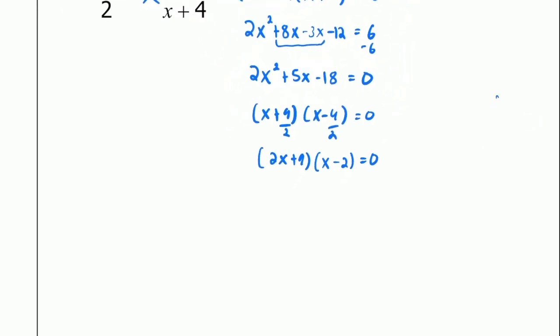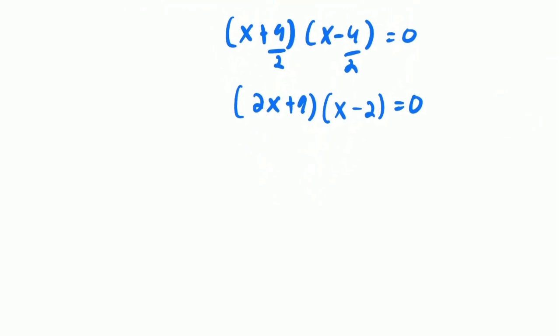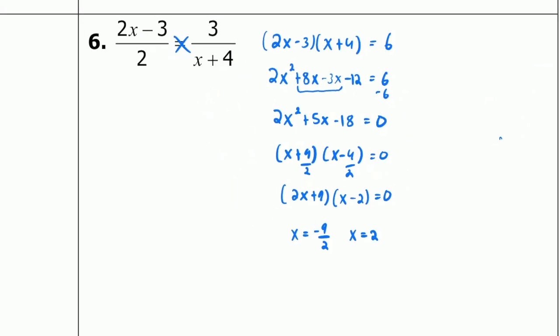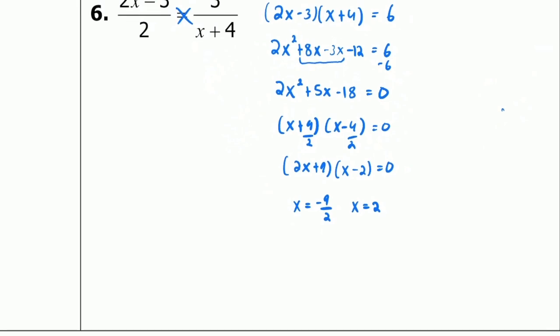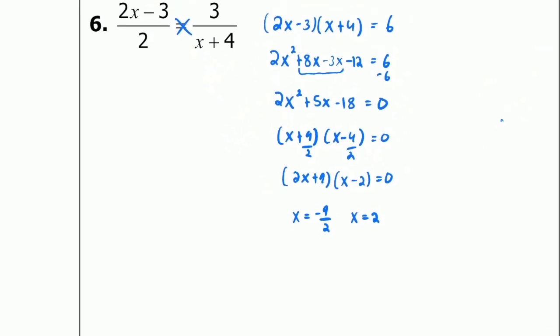So then I will get two solutions here. I will get either x is equal to negative 9 over 2, or I'll also get x is equal to a positive 2. And again, just like in our previous question, let's make sure, because if I was to plug in either of these into my denominator, I would not get 0. So therefore, these two should work as proper solutions.